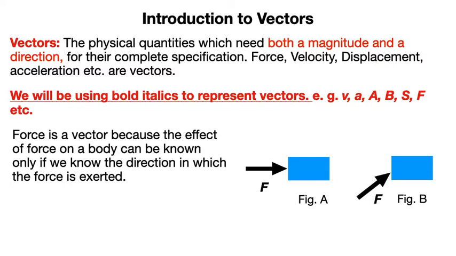In figure B, the effect of force on the block will clearly be different from the effect of an equal force in a different direction as shown in block A. So force is known completely only if its direction is also known in addition to the magnitude of the force.